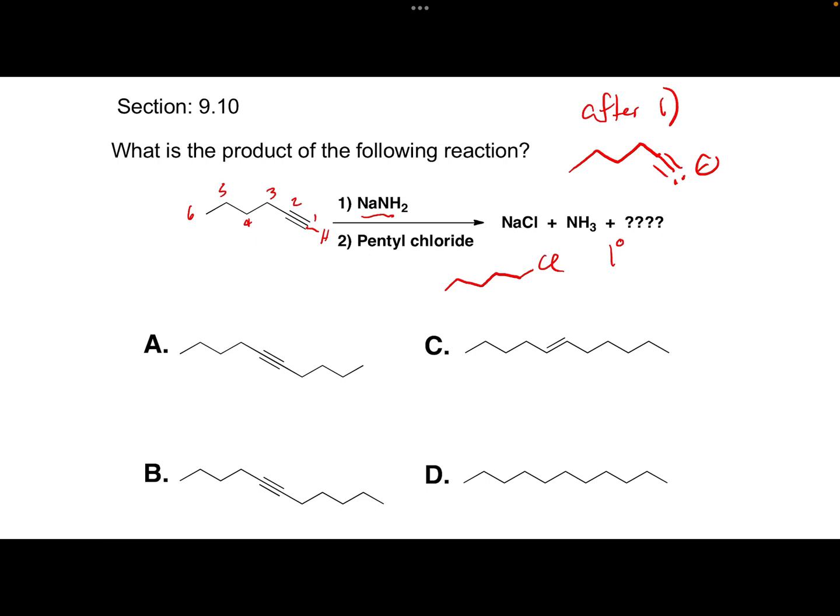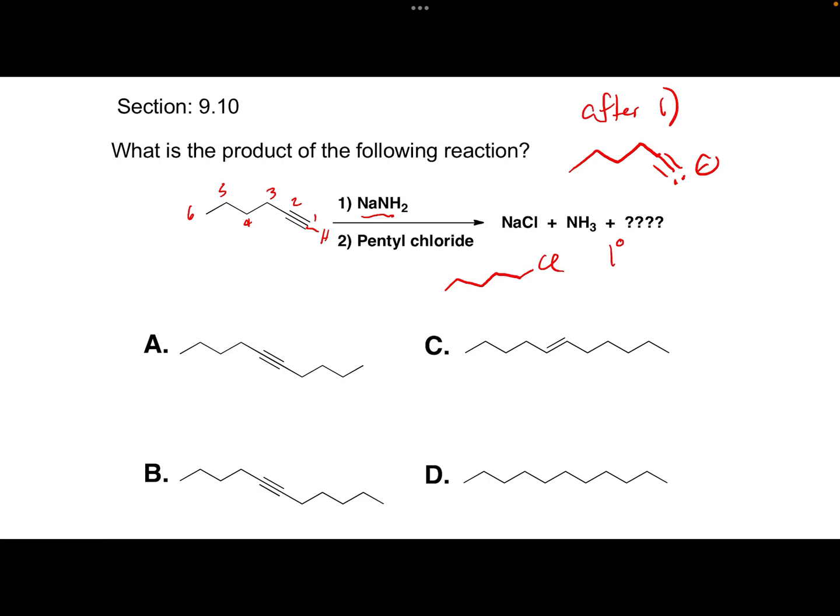Okay, so what we should be looking for is an alkyne that's in the middle, and it has 6 carbons on either side of that bond.